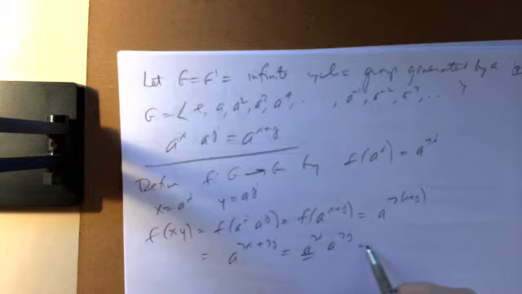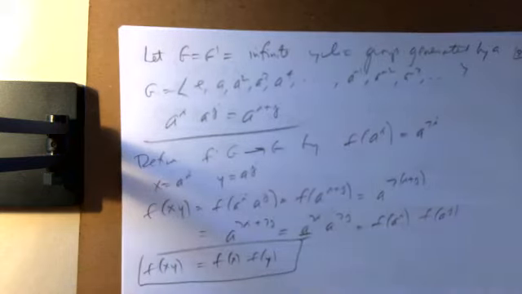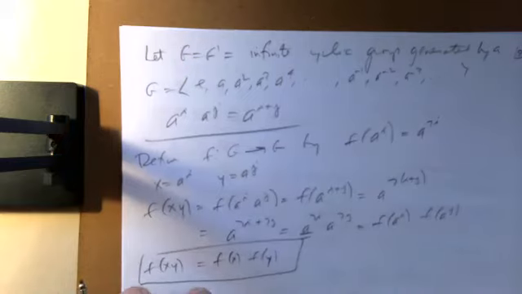And this is f of a to the I, and this is f of a to the j, and this is x and this is y, so f of x times f of y. So take a look at that for a moment, and let's look at one other example.